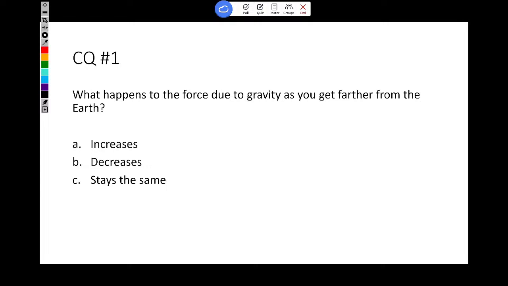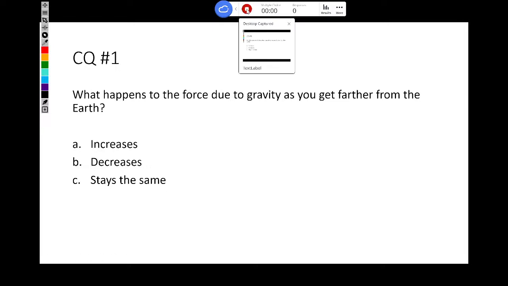Does the force due to gravity go up, go down, or stay the same? You have so much time to think about it. This means everyone's going to get the right answer, for sure. This is not a trick question, y'all. Go infinitely far away from the Earth and tell me what happens.